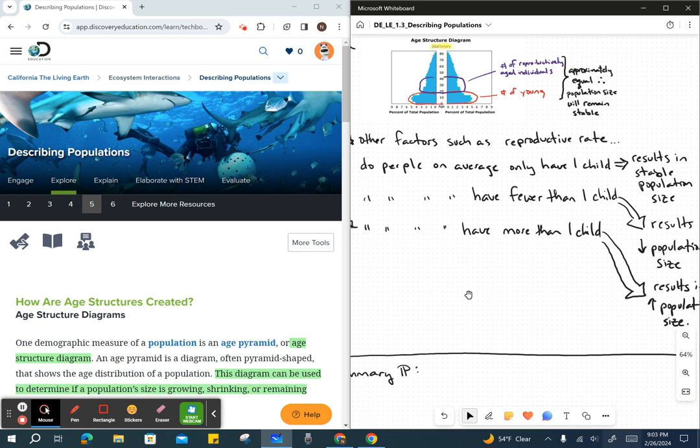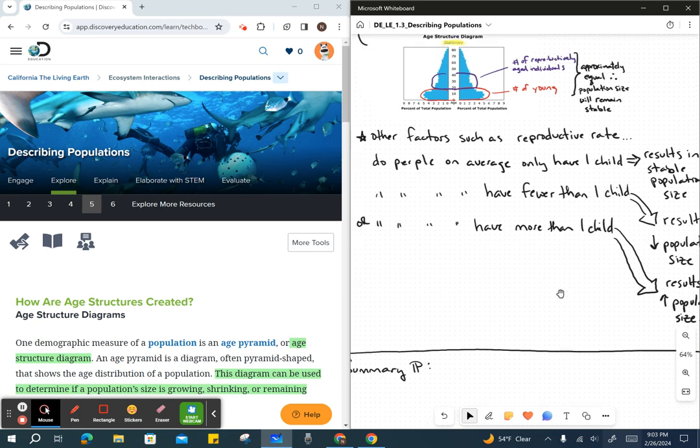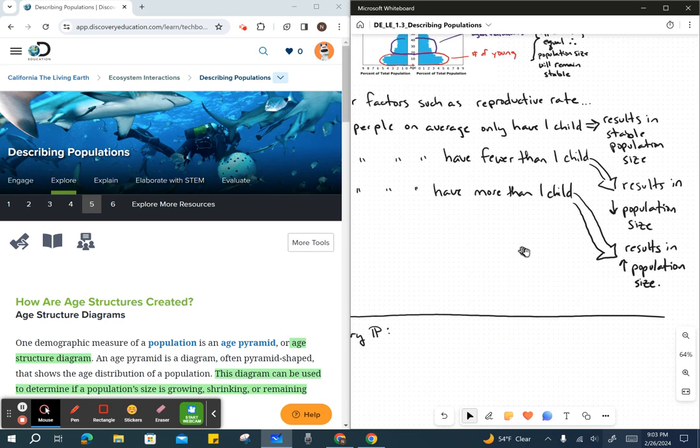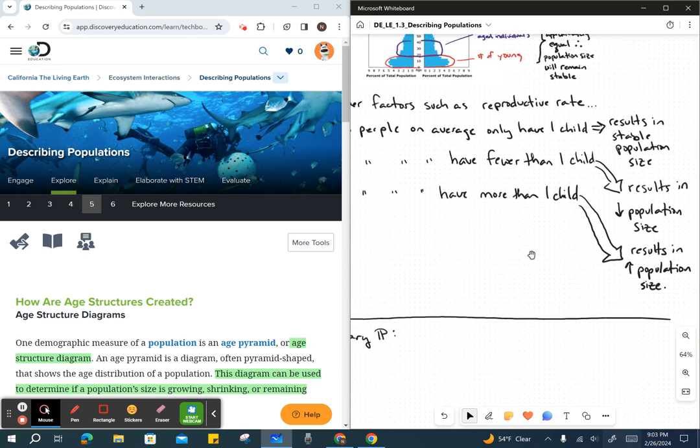If people on average have fewer than one child, this is going to result in a decrease in the population size. And finally, if people on average have more than one child, then this is going to result in an increase in population size. Okay, so there's that for you to think about.